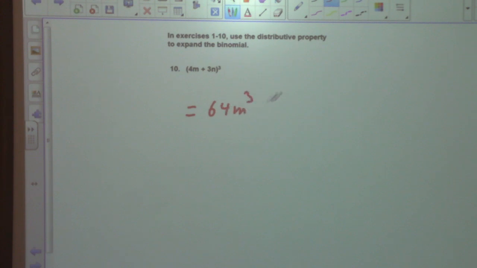Okay, well, you have plus signs, so you can have plus something m squared n, then plus something mn squared, and the last one here is just going to be something n cubed, right?